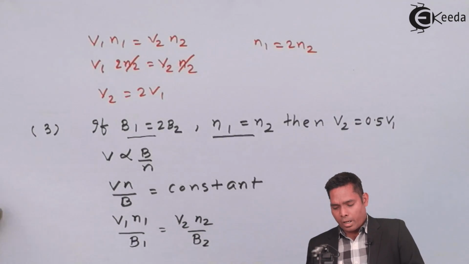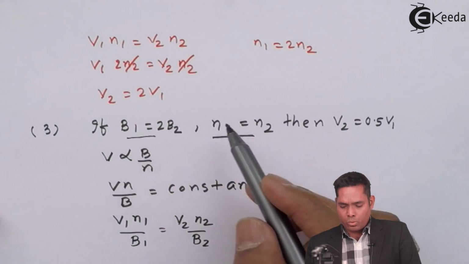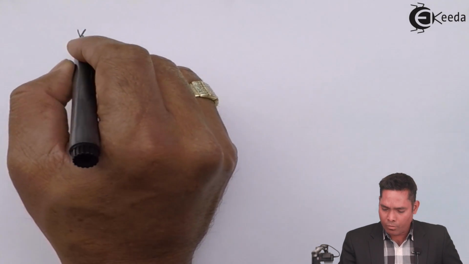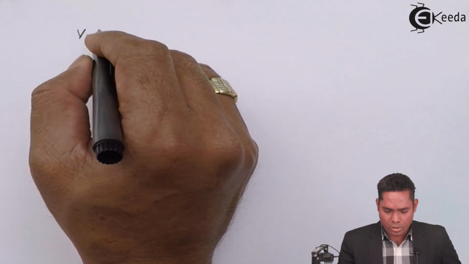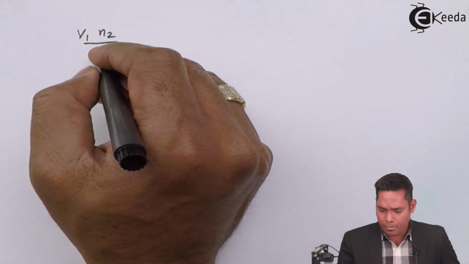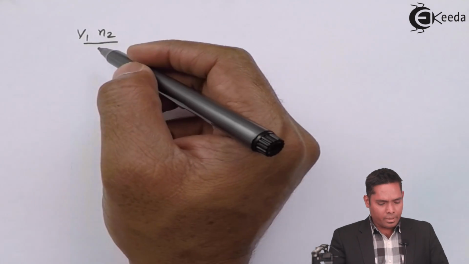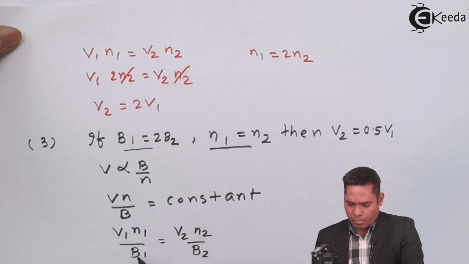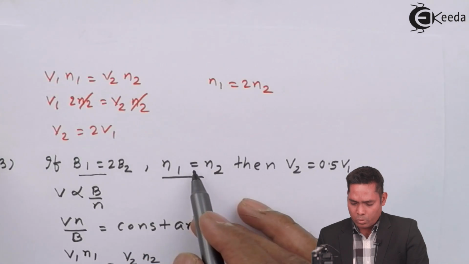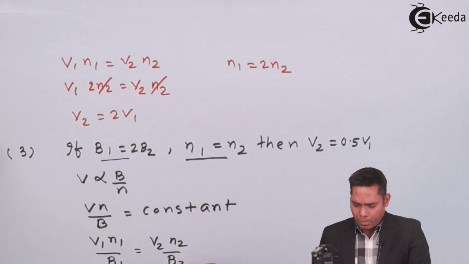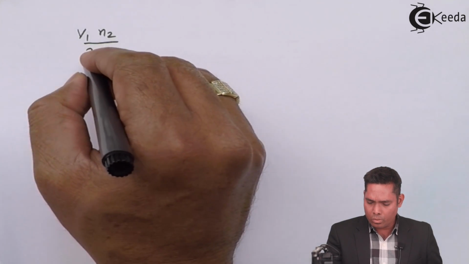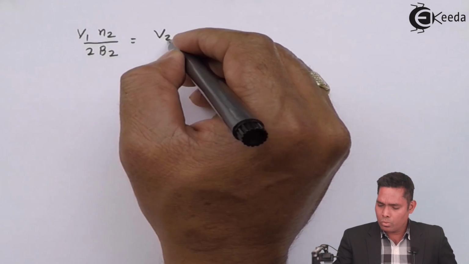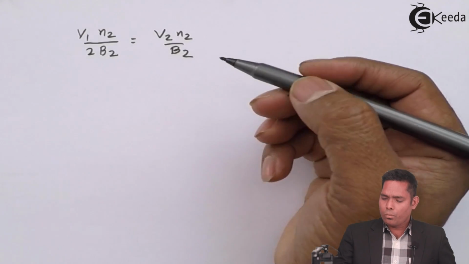Putting B1 is 2B2 and N1 is N2, we get V1 N2 divided by 2B2 equal to V2 N2 by B2.